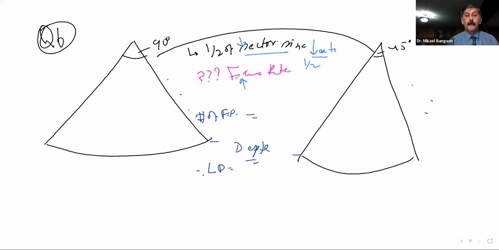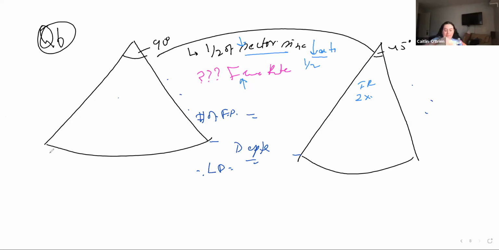Actually, we can say here that the frame rate is going to be twice of what it was here, because the sector size is halved. So here your frame rate is doubled. Did that make sense, guys?